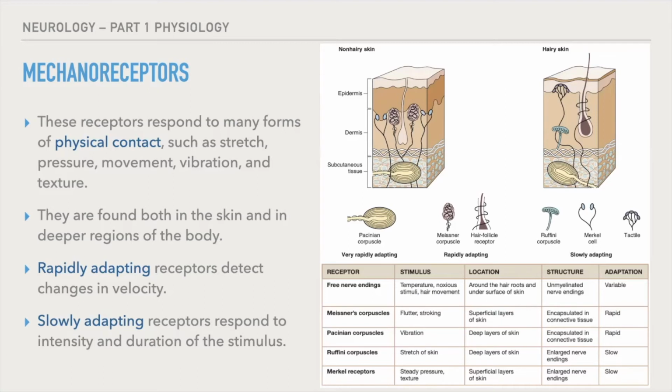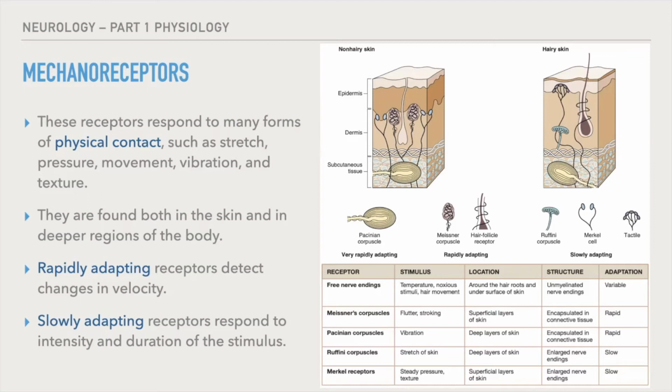The Meissner corpuscles are also encapsulated receptors found in the dermis, most predominantly on the fingers, lips, and other locations where tactile discrimination is especially good. They are rapidly adapting receptors that are used for 2-point discrimination and precise location.